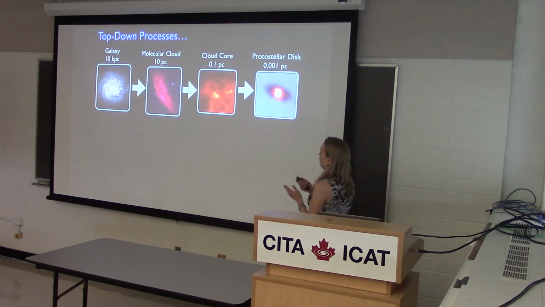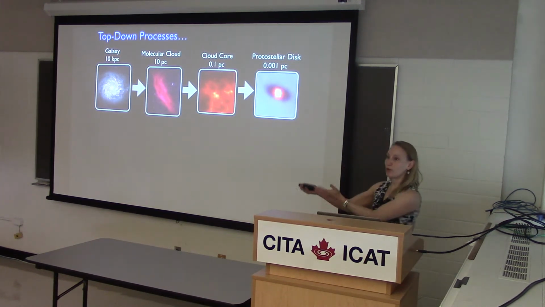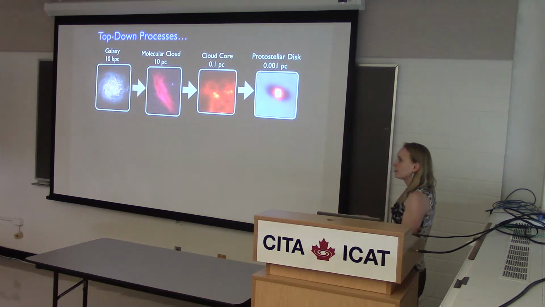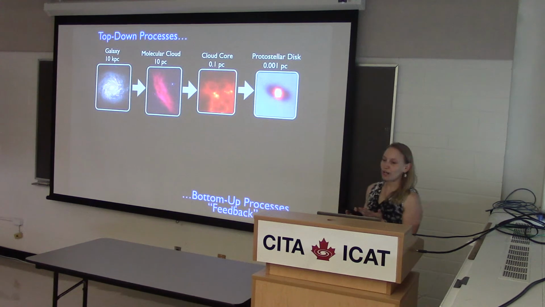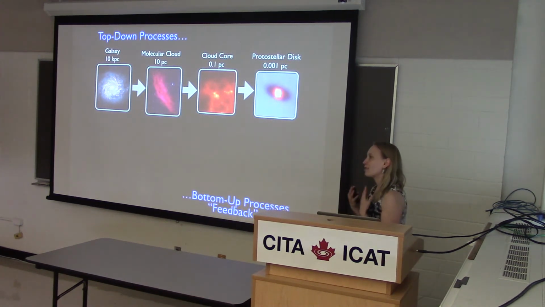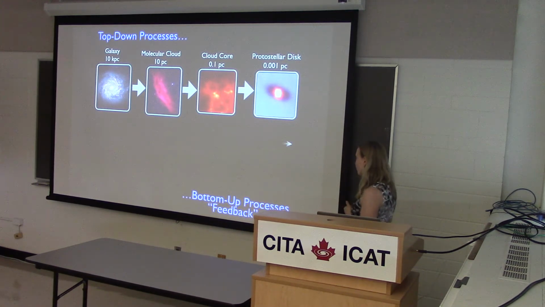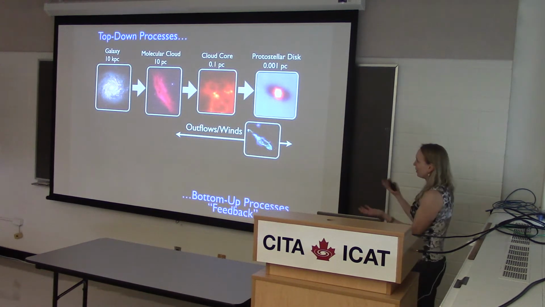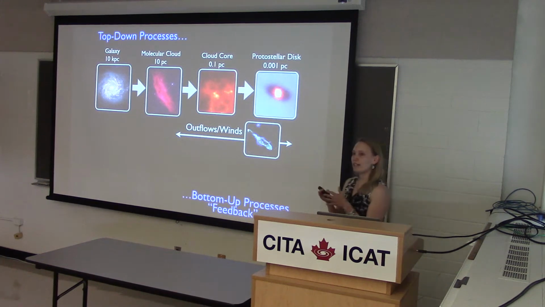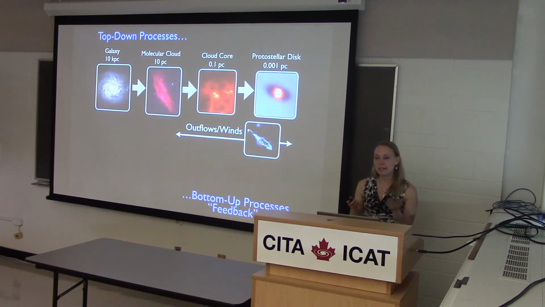In this picture, as I've drawn it, all the arrows go in one direction. But of course, there are also arrows that go in the other direction. So bottom-up processes, or in other words, stellar feedback, carry mass and momentum from the smallest scales all the way up to the largest scales. For example, we have protostellar outflows and winds acting on scales of a few tenths to a few parsecs.